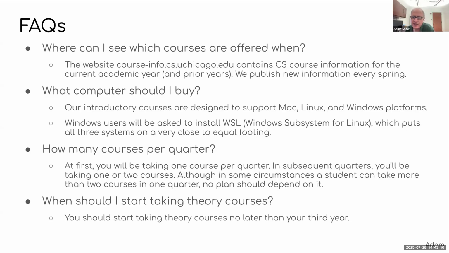As Jess just said, it contains CS course information, and often we publish information there that we're in the process of communicating with the registrar. So course info tends to be more up to date than the registrar's materials. It also offers a glimpse of future quarters like winter and spring, which, as far as I know, you can't see anywhere else. So keep your eyes on courseinfo.cs. It will help you plan.